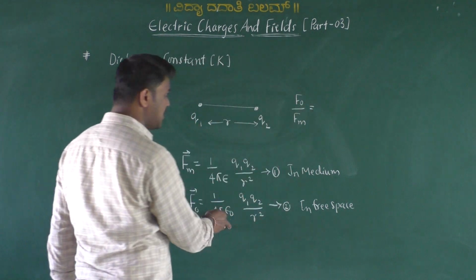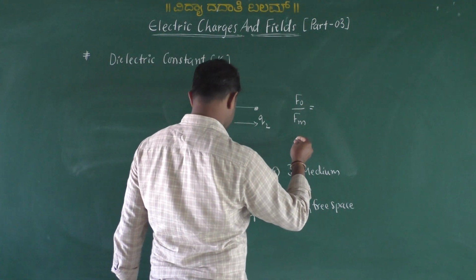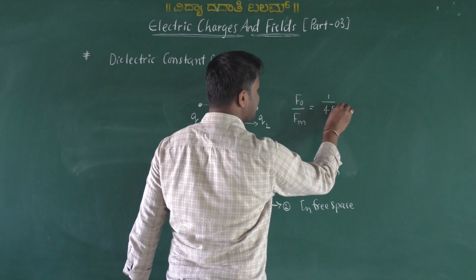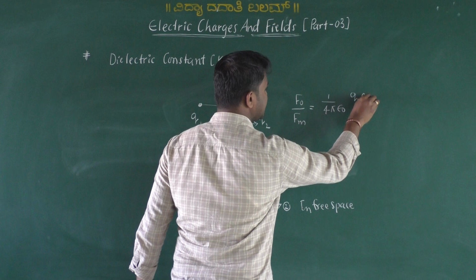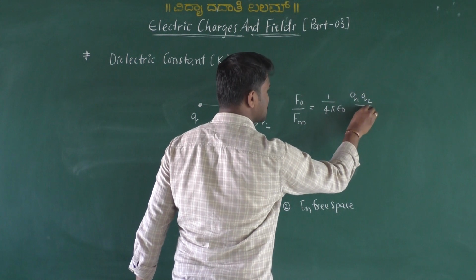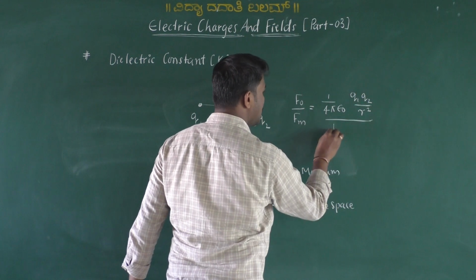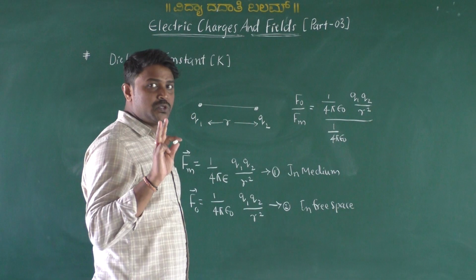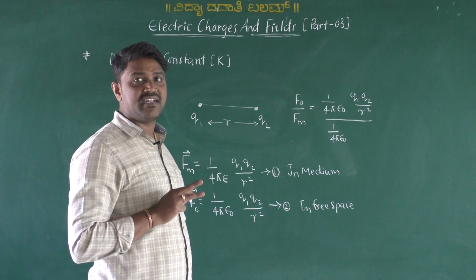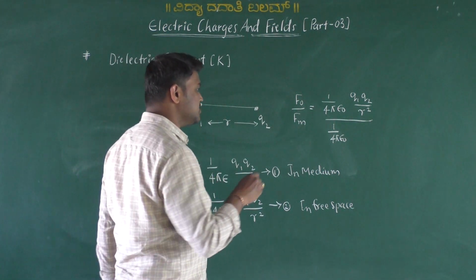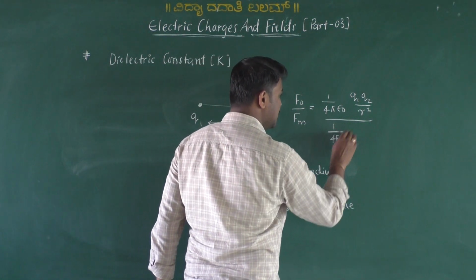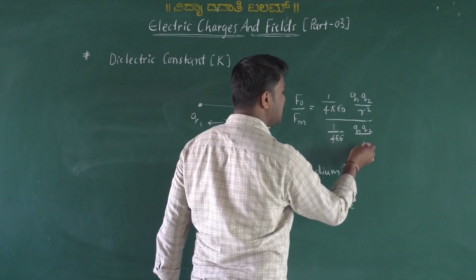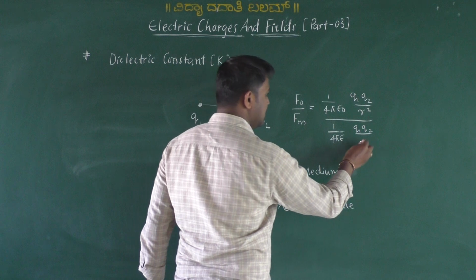F naught is 1 upon 4 pi epsilon naught Q1 Q2 by R square, divided by 1 upon 4 pi epsilon, where the two charges are placed in a medium, Q1 Q2 divided by R square.